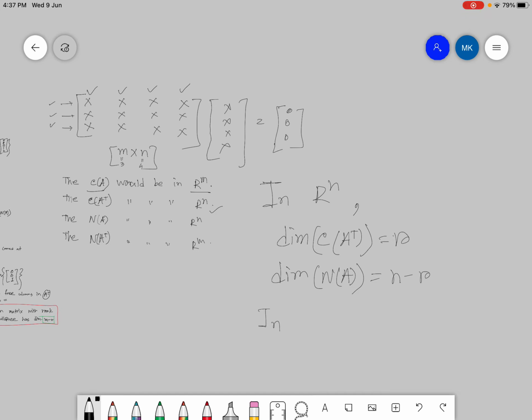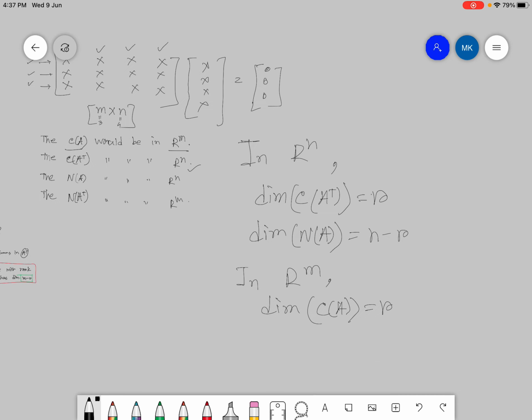And in Rm, the dimension of the column space is r, the rank, and the dimension of the left null space is m minus r, right. So the column space and the left null space are connected because they are in the same vector space, and the row space and the null space are connected because they are in the same vector space.